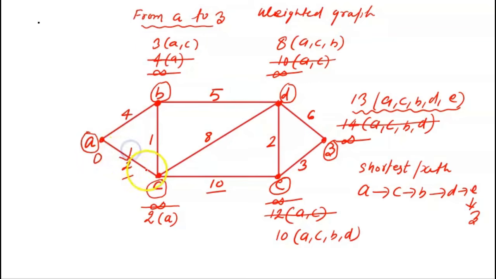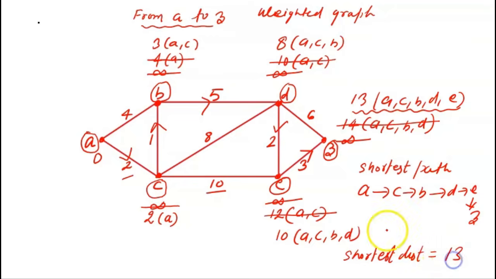So we moved from A to C, then C to B, then B to D, then D to E, and then E to Z. So this is the shortest path. And what is the shortest distance? The shortest distance in this case is equal to 13, because that is what we have got in the end.